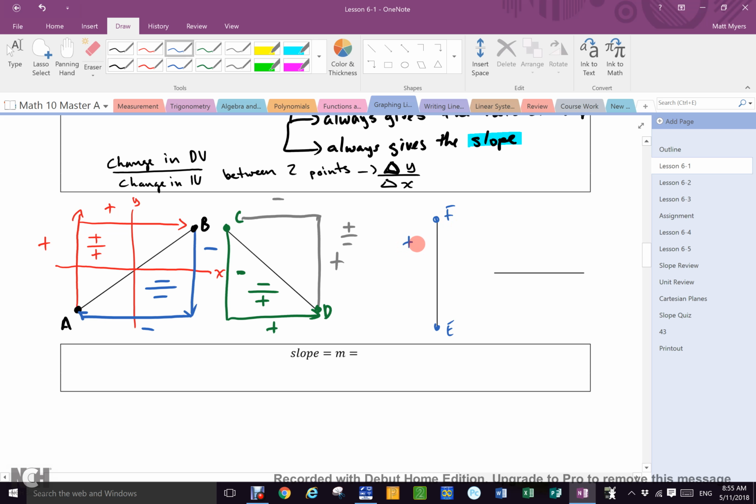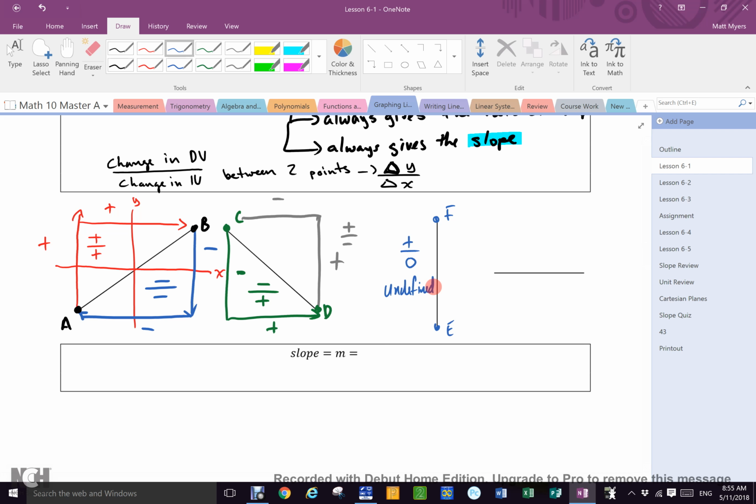Positive, correct? Did I move it all sideways? So that would be dividing by 0, wouldn't it? Are we allowed to divide by 0? No. So this is what we call undefined. I like to remember it as infinite slope.